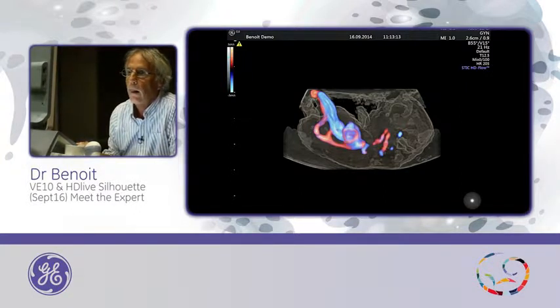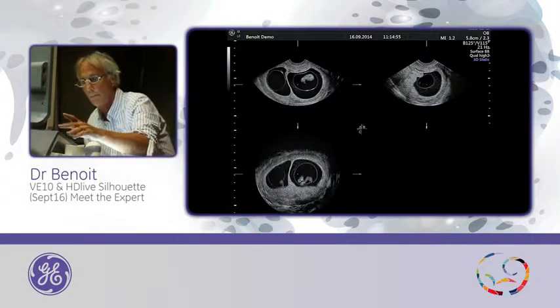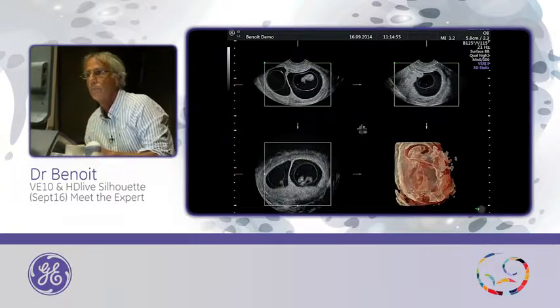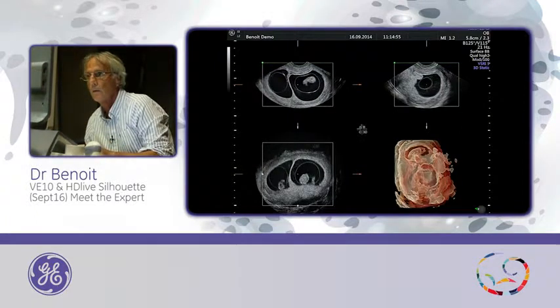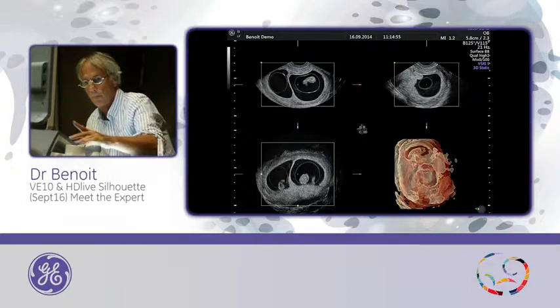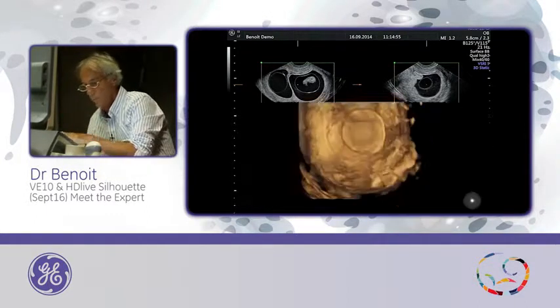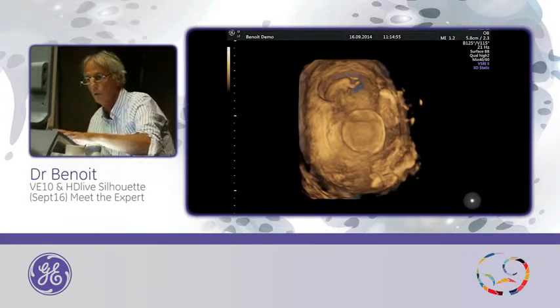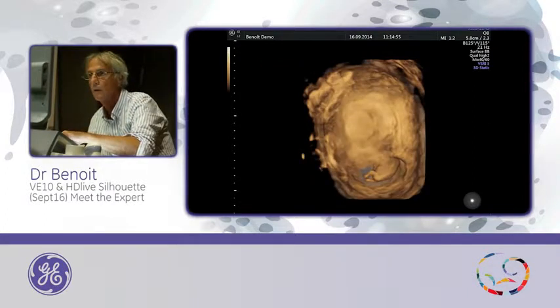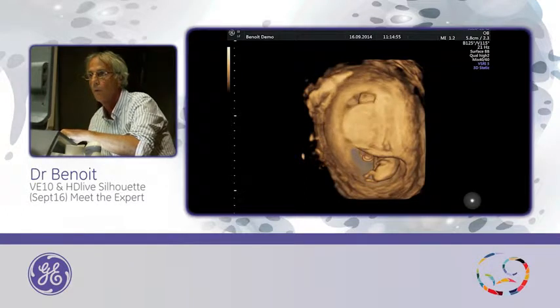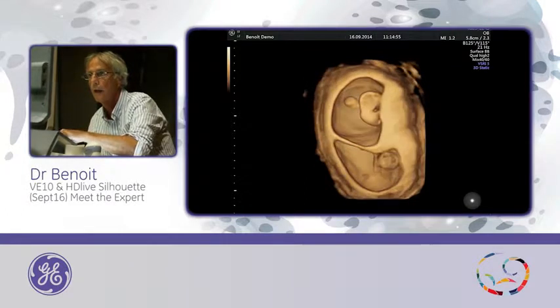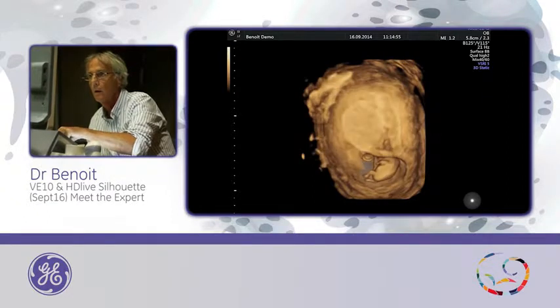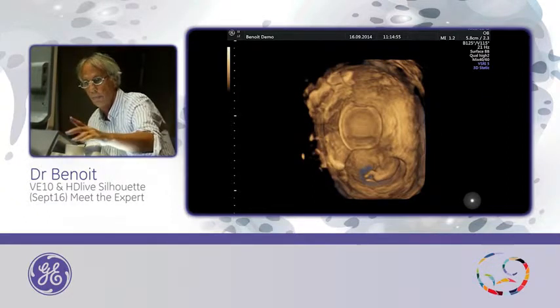So I will try to find a twin pregnancy, dichorionic twins. Okay. Render. Okay, I do the same. First, I start with a classic 3D rendering, one embryo, the other gestational sac, and the second embryo.